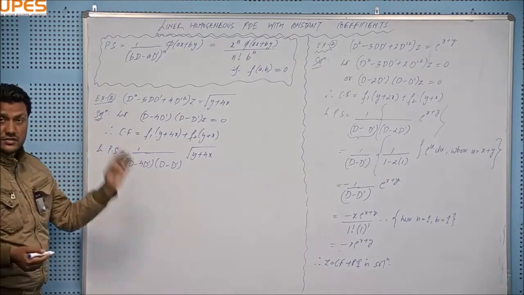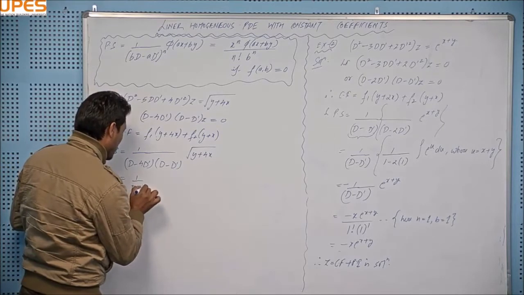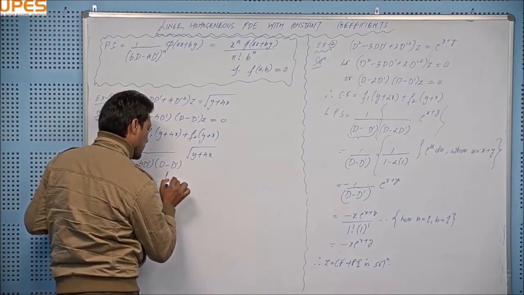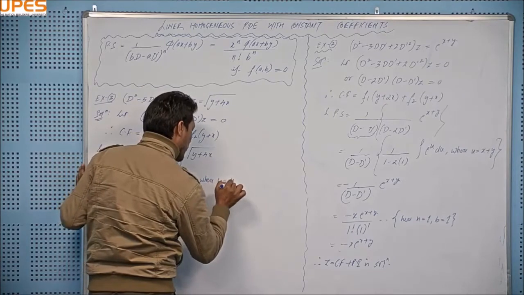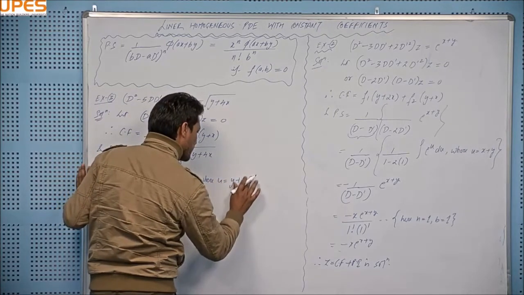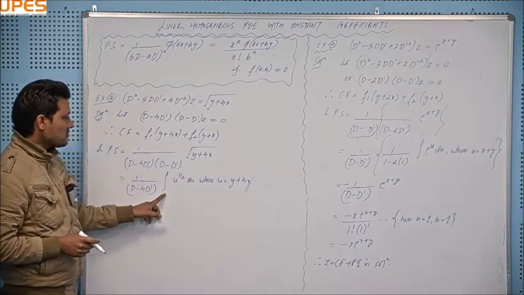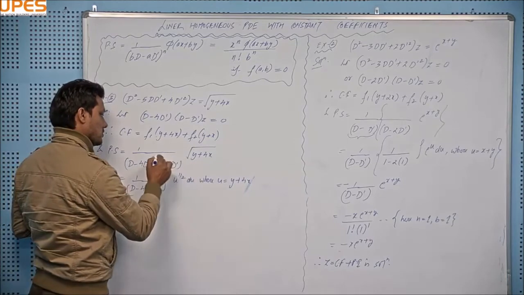So I have to use the previous formula, that is 1 upon D minus 4D dash, and that will be integrated once. I will write it as u to the power half du, where u is actually y plus 4x, right? And why have I integrated once? Because this factor is a first order operator.